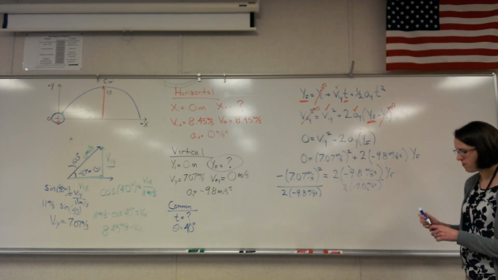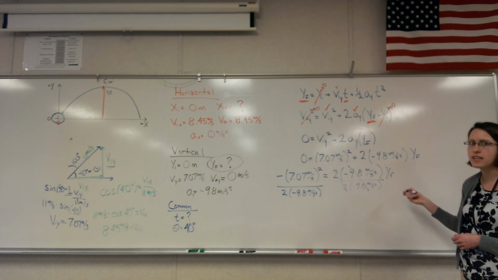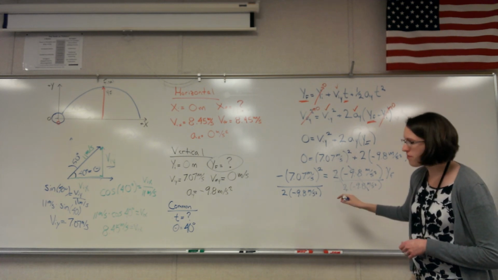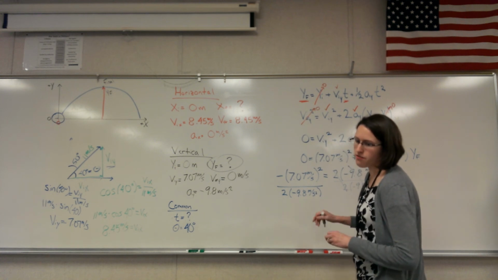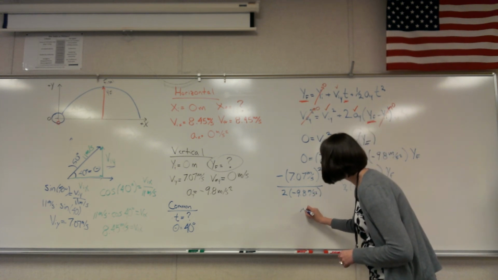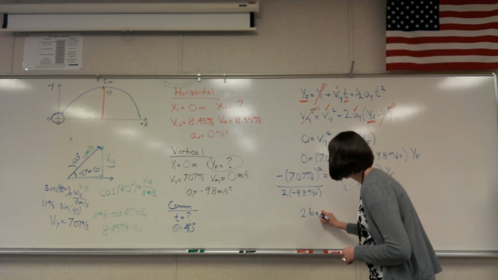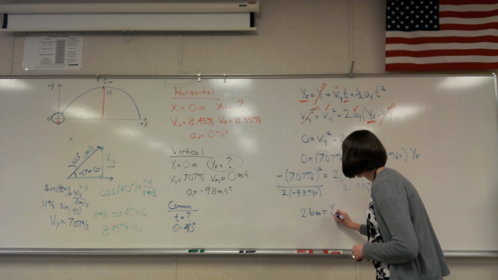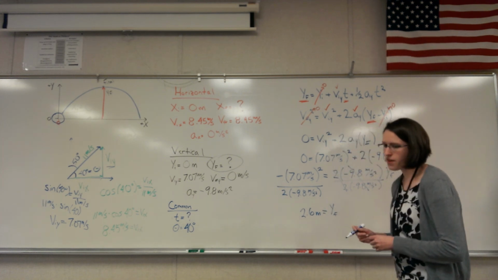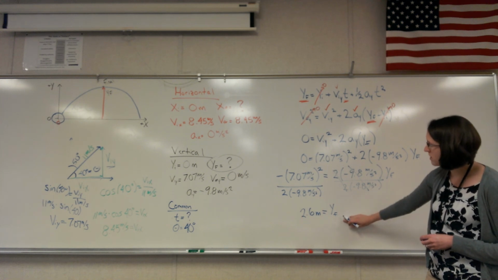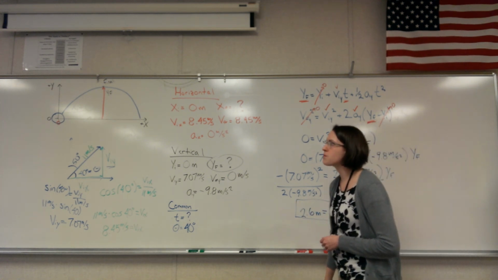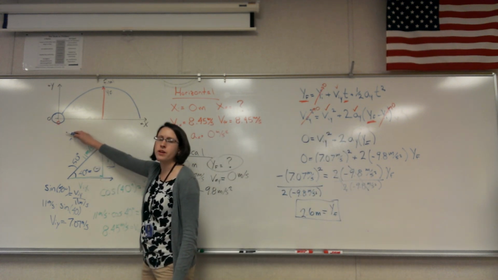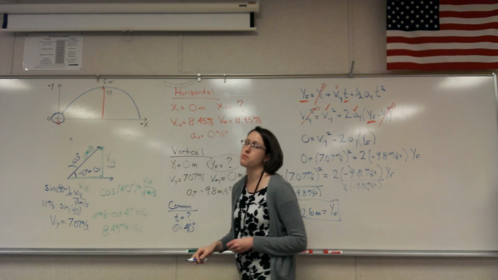That side cancels out, and we're left with our final position on the right-hand side. If we simplify the left-hand side, we get our answer for our final position of about 2.6 meters. So our final position is about 2.6 meters above the ground. So that's the highest point. At its highest point, our softball is 2.6 meters above the ground.